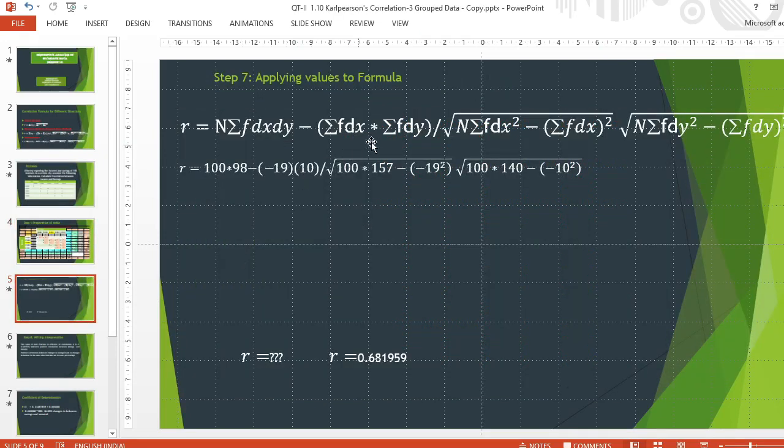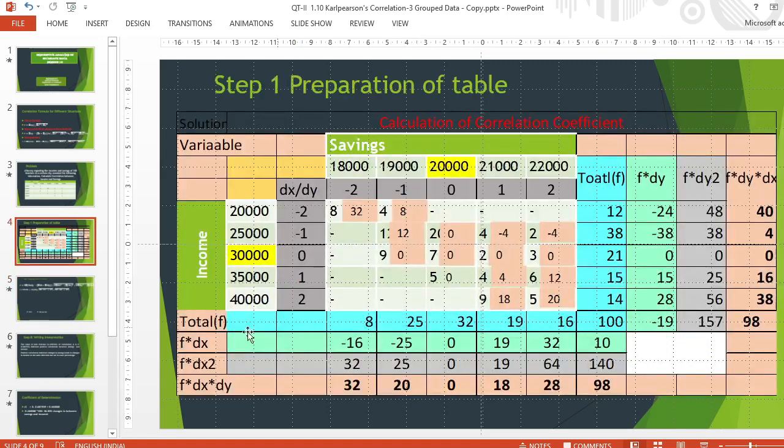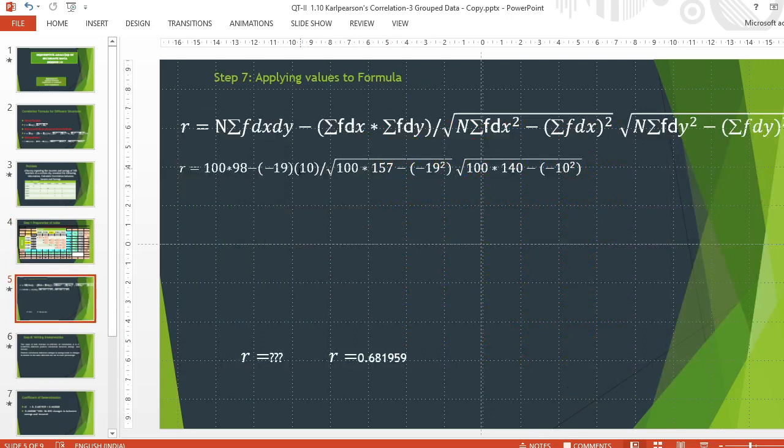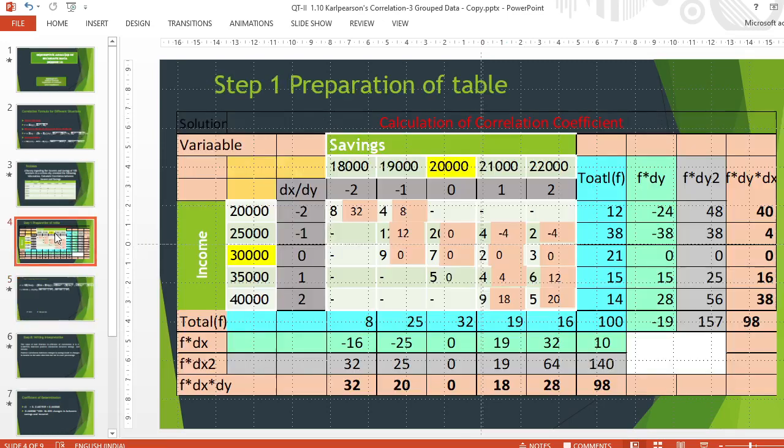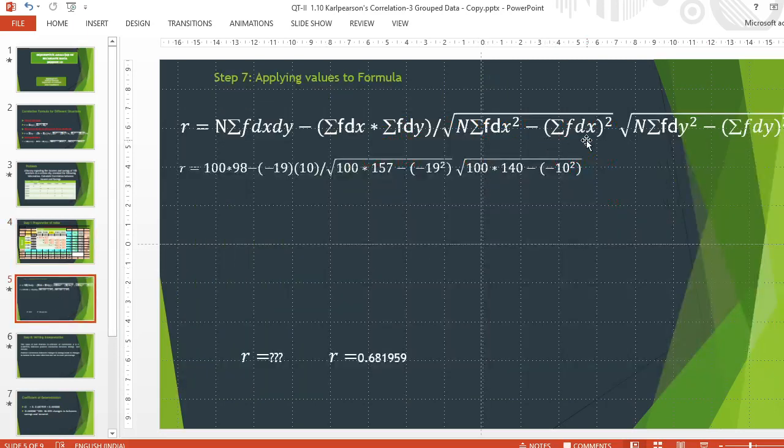We have recorded summation f dy values, so here it is minus 19. So these things we can interchange, no issues. Whole divided by n is 100, summation f dx square. So summation f dx square is 157, and minus summation f dx whole square.